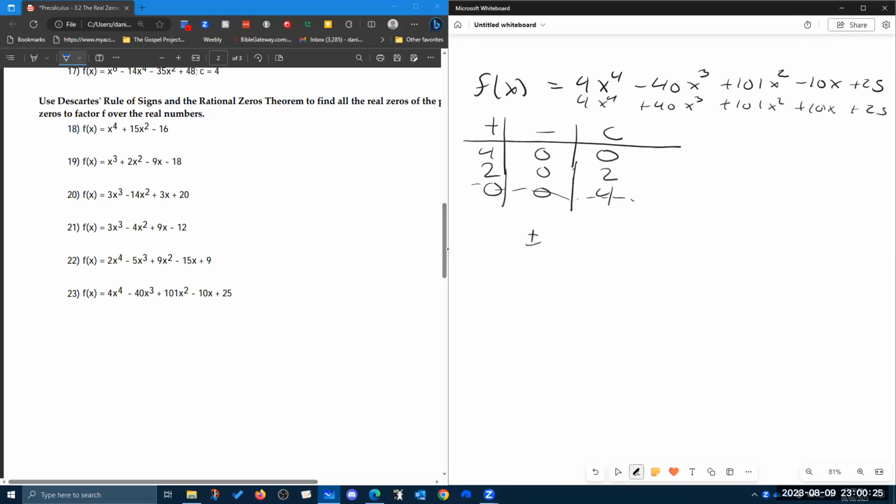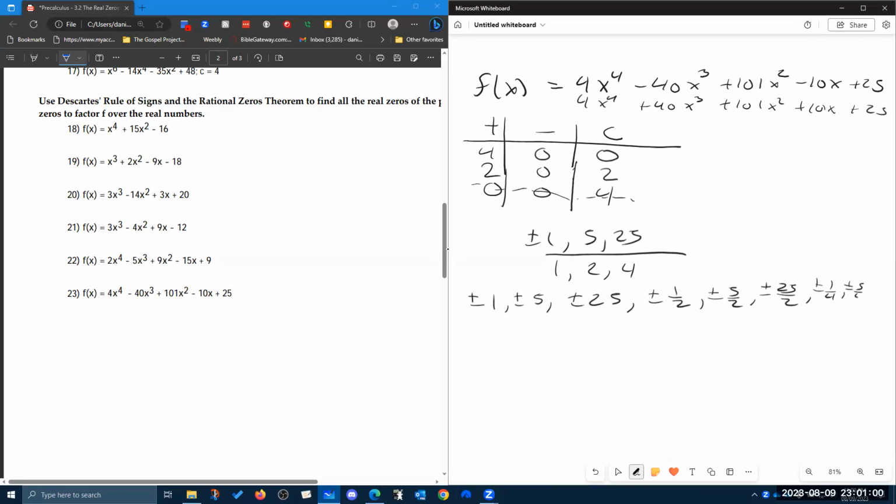Factors of 25: 1, 5, and 25. Factors of 4 are 1, 2, and 4. This can be plus or minus 1, plus or minus 5, plus or minus 25, plus or minus 1/2, plus or minus 5 halves, plus or minus 25 halves, plus or minus 1/4, plus or minus 5/4, plus or minus 25 over 4.